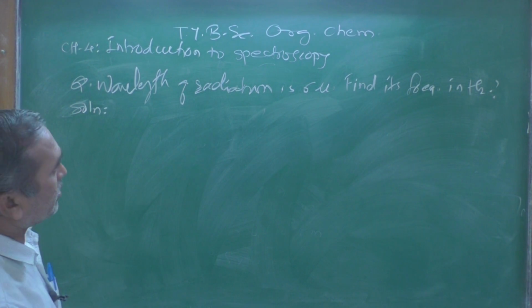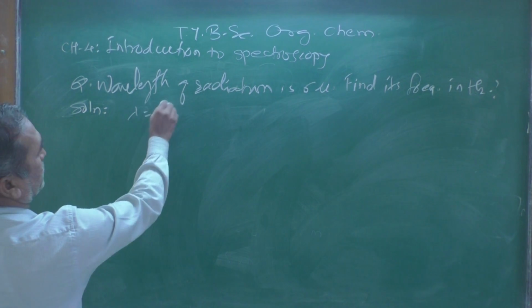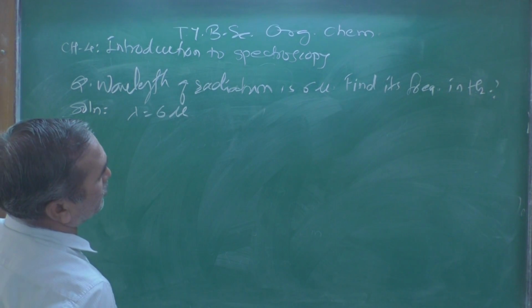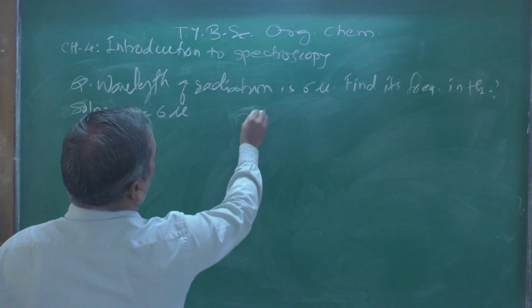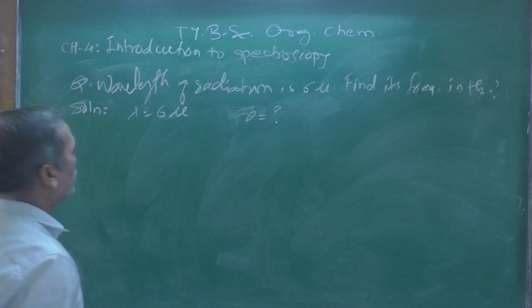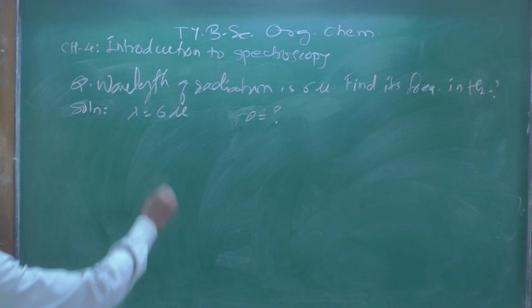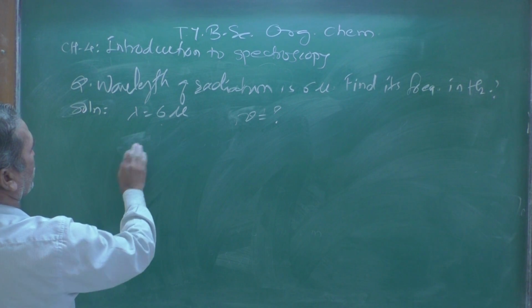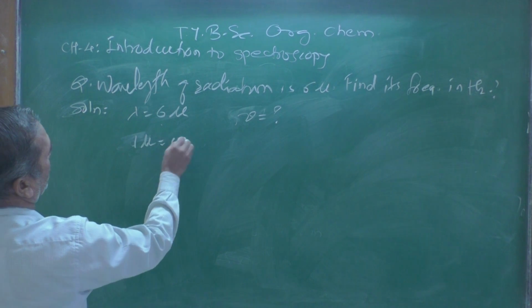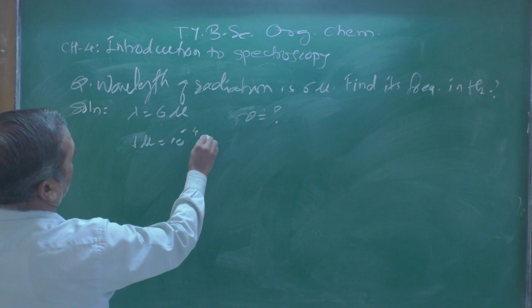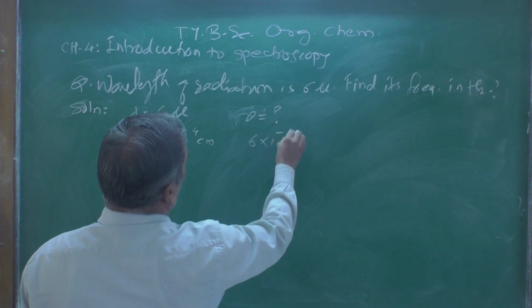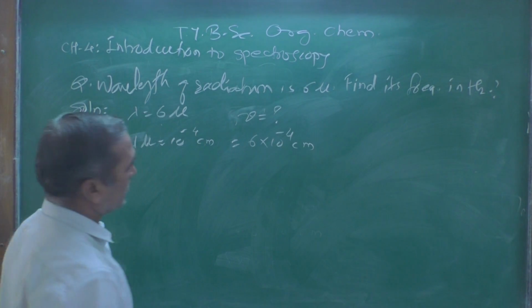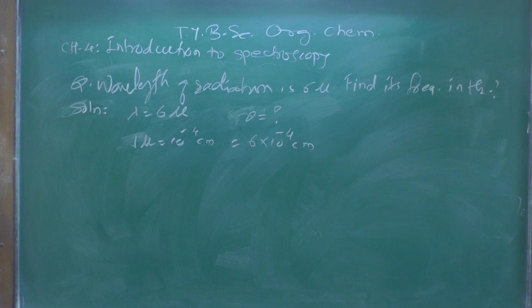What are the things given? Lambda is given as 6 mu, and you have to find the frequency, nu. We know that 1 mu is equal to 10 raised to minus 4 centimeter, so 6 mu is 6 into 10 raised to minus 4 centimeter.